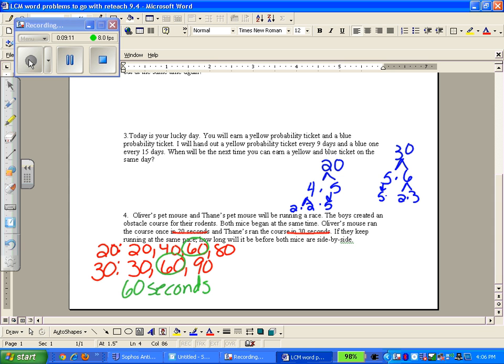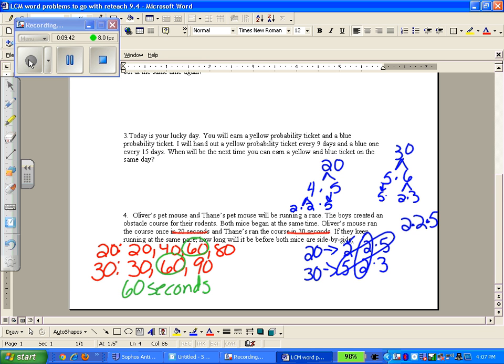So now what am I going to do with this? Well, with the number 20, I've got 2 times 2 times 5. With the number 30, I have 5 times 2 times 3. They have a 2 in common, so I can only use that once. They have a 5 in common too, just notice that.